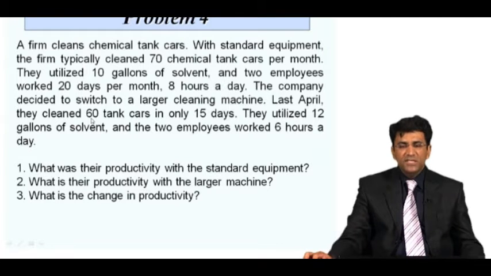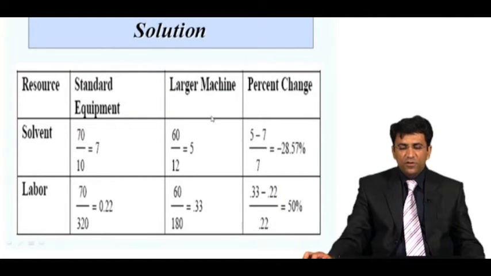Our new output is 60 and our new input, if we consider the solvent as input, is 12. So our new productivity for solvent with the larger machine is 60 over 12. This will be equal to 5, and this is not actually an improvement, but a decrease in productivity. So it means that if you use the larger machine, the productivity is actually decreased by 28.57%. So there is a negative sign here.